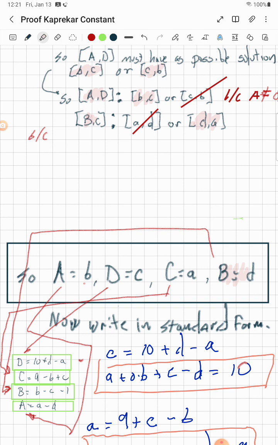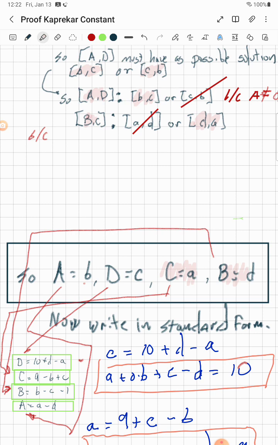And then capital C would be equal to the little a. The reason is that B's going to be tied with D and C is going to be tied with the A. You see that? And up here, A is going to be tied to the B and D is going to be tied to C.